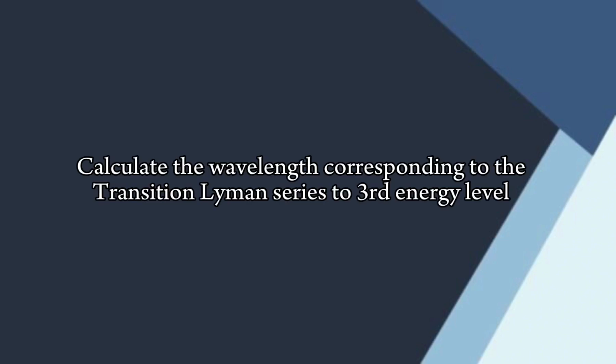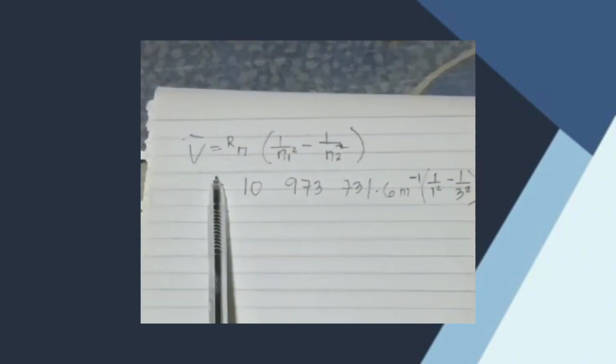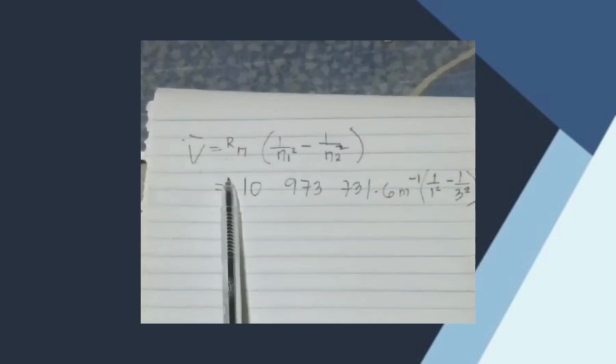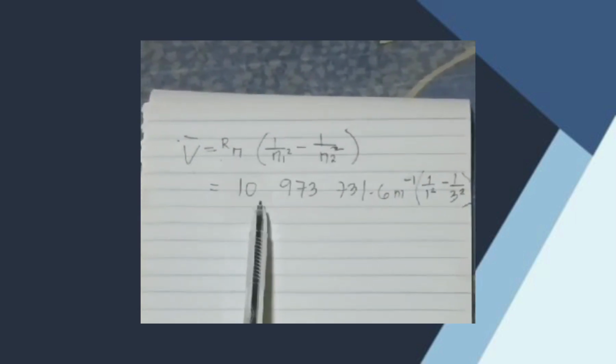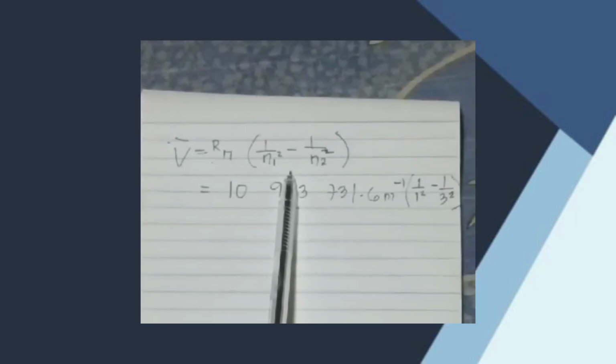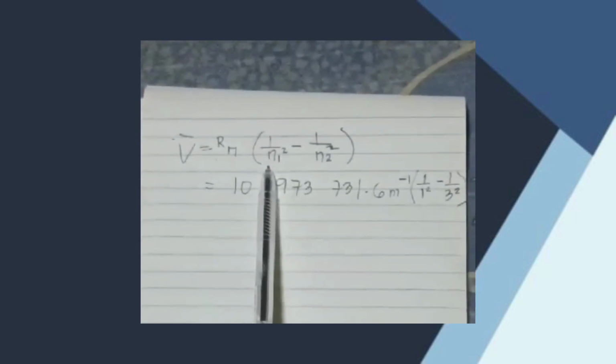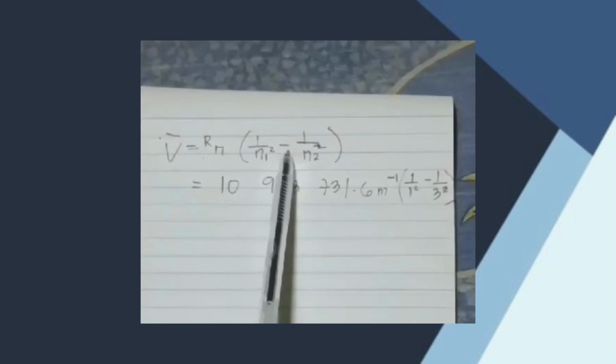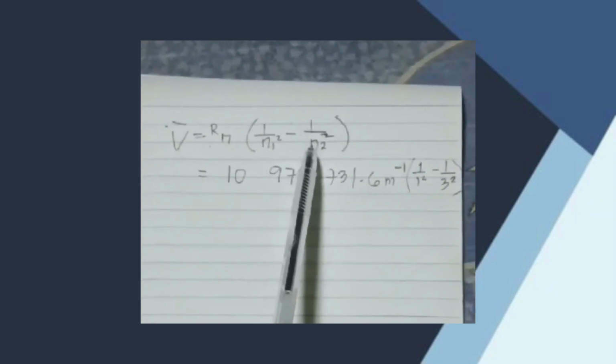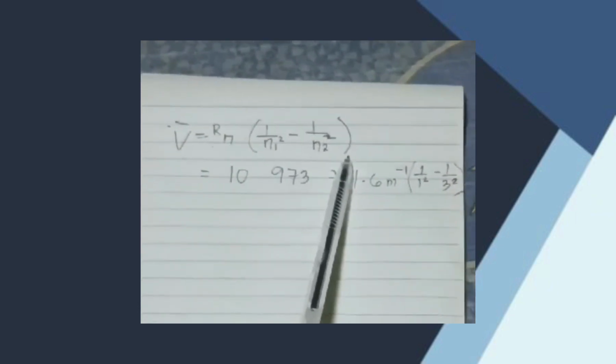For example, using the Rydberg equation, calculate the wavelength corresponding to the transition from the Lyman series to the third energy level. The wave number is equal to the Rydberg constant, and then in the brackets we have 1 over the initial of 1 squared minus 1 over the final of 2 squared.